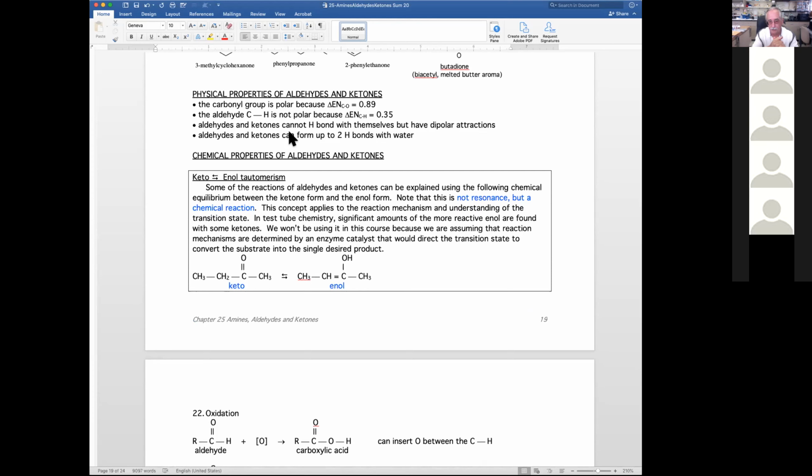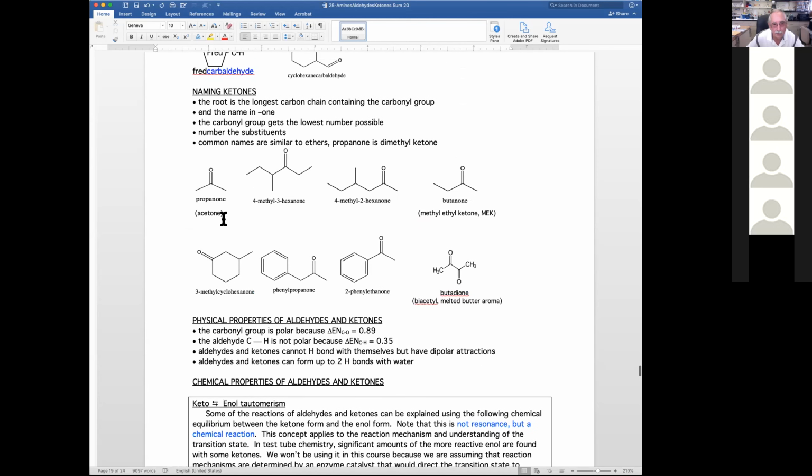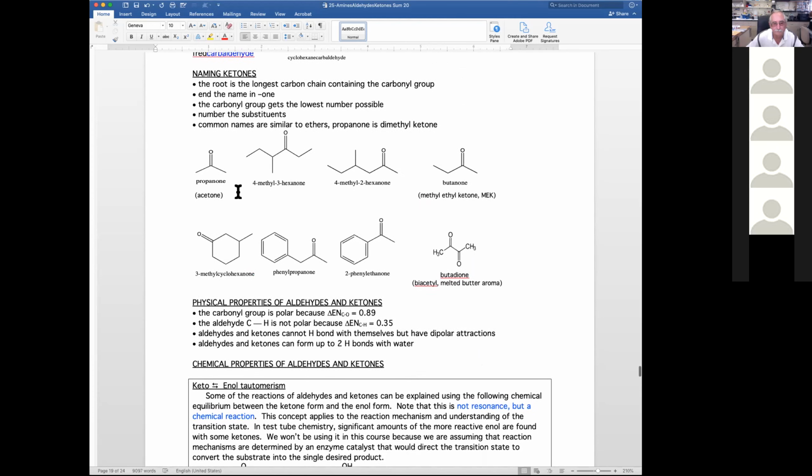Aldehydes and ketones cannot. Only dipole-dipole attractions, which might explain why acetone, that's fingernail polish remover, is a liquid and evaporates very quickly, because it has rather weak attractive forces.